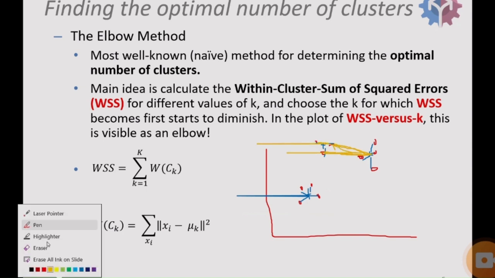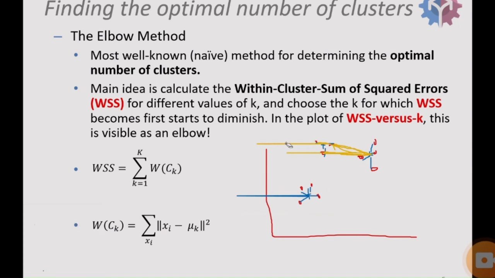So the elbow method basically says... what is big in 3K? In 3K you have K equals 3. Instead of 2 clusters, you have 3 small clusters. First, second, third. So you have 3 clusters, isn't it?